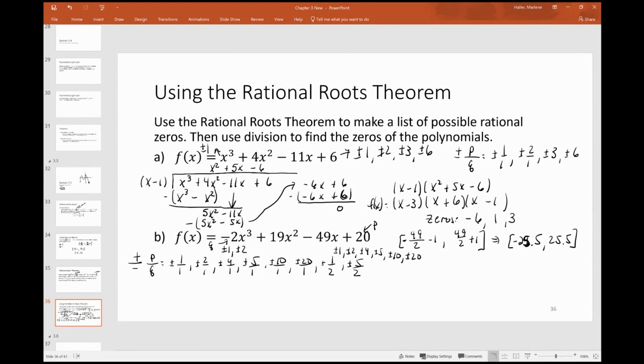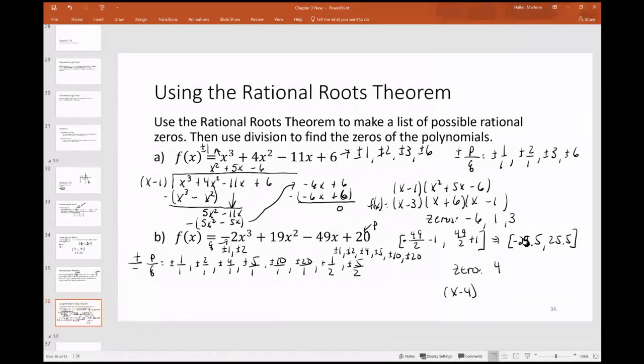All right, so let's see. When I do graph this, one zero that's pretty clear is positive 4. Which would mean that x minus 4 is going to be a factor.